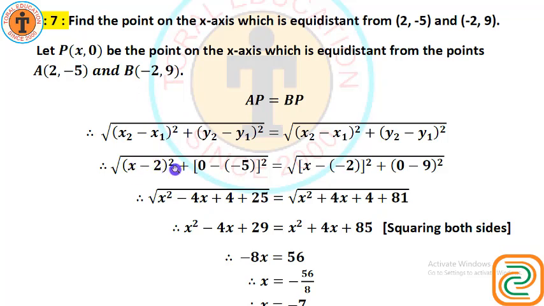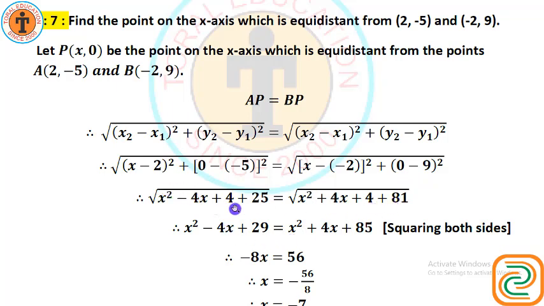So take the formula (a minus b) whole square equals a square minus 2ab plus b square. Okay, x square minus 4x plus 4 because this is the expansion, and minus minus 5, that is plus 5 whole square is 25. Similarly here x square plus 4x plus 4 plus square of 9 is 81.